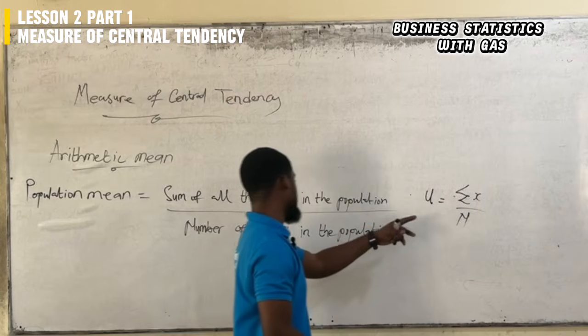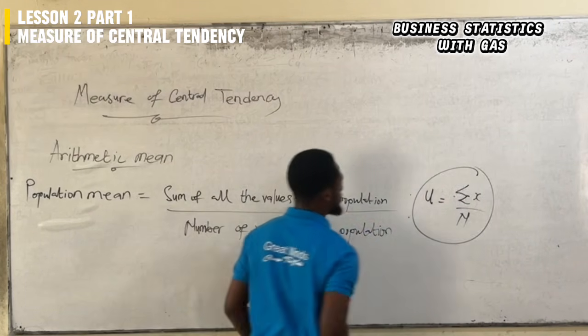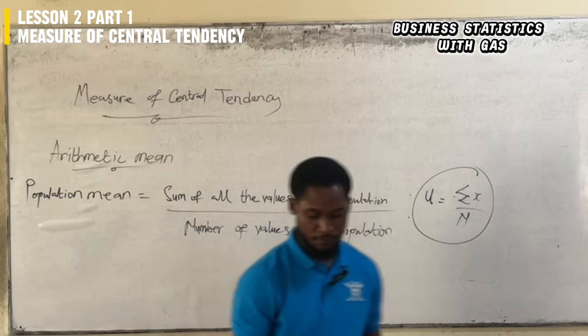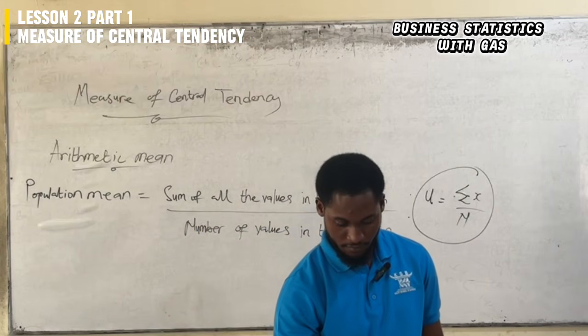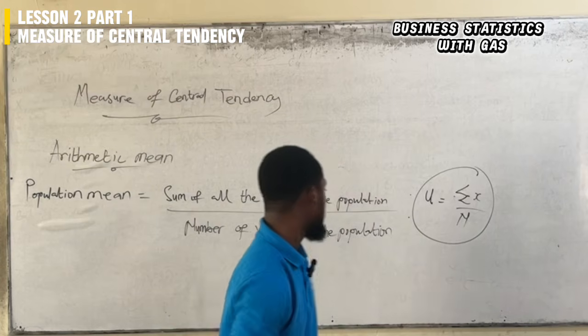So it's being represented mathematically like this. So we solve an example here.